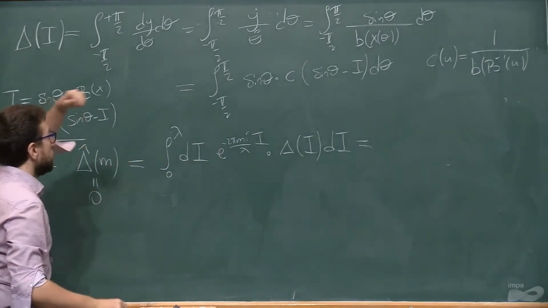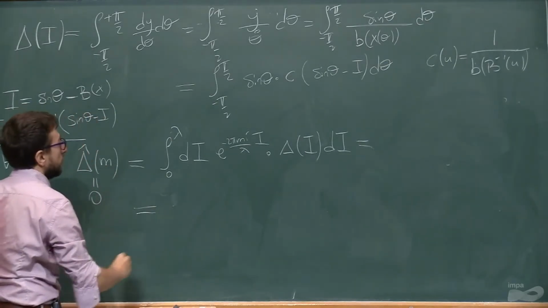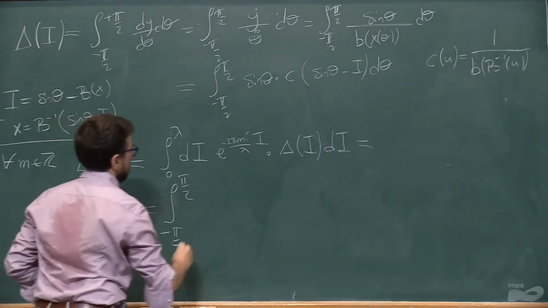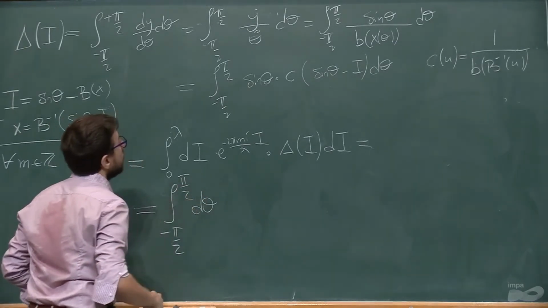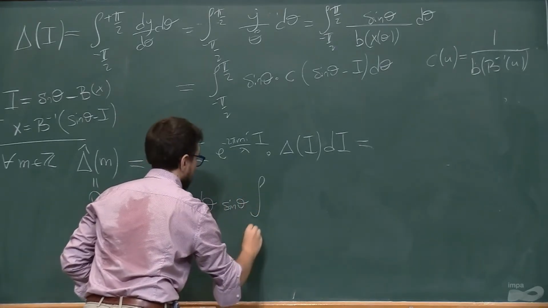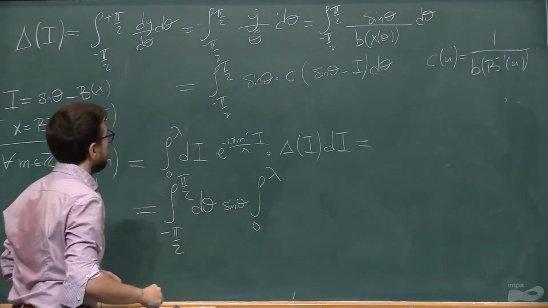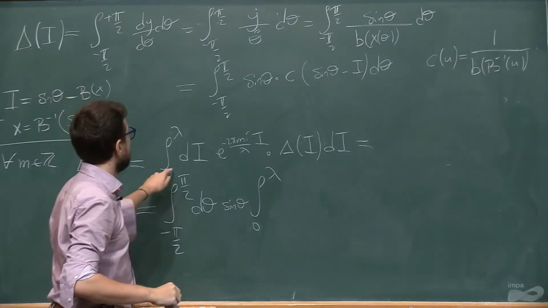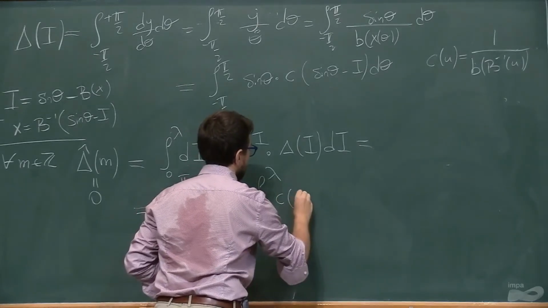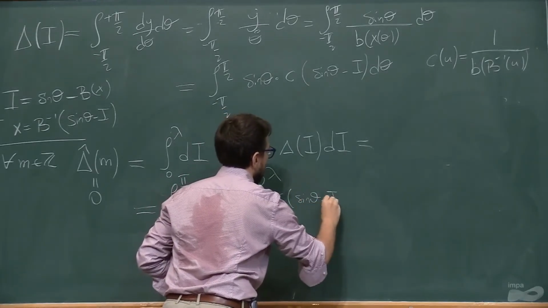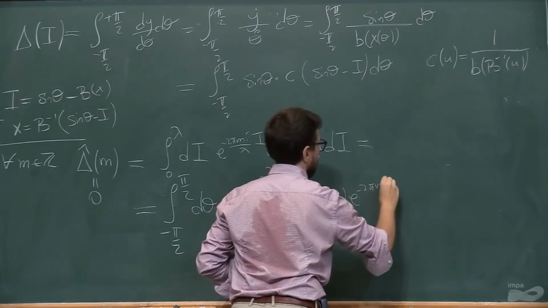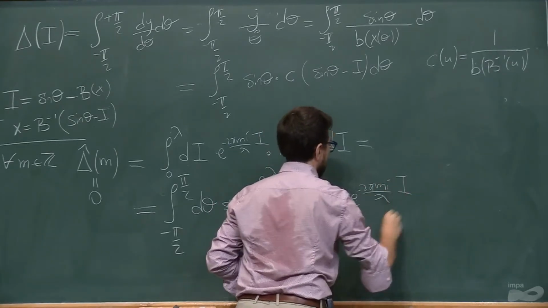So let me substitute here and then exchange the order of integration. So what I get is d theta sin theta, and then here 0 to lambda, and then it comes c of sin theta minus I e to the minus 2 pi m I over lambda dI.